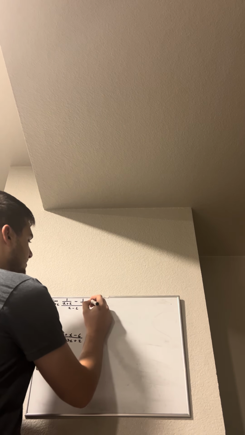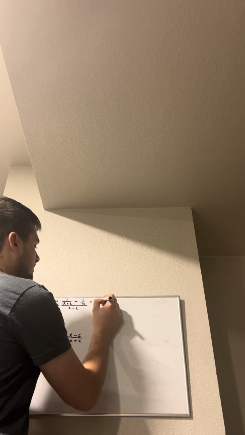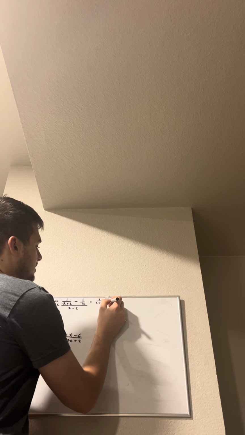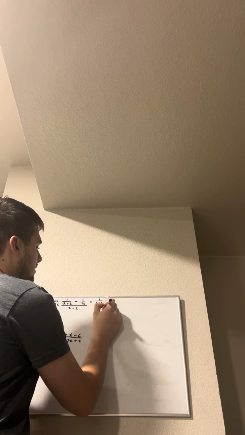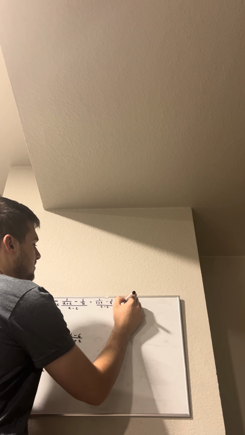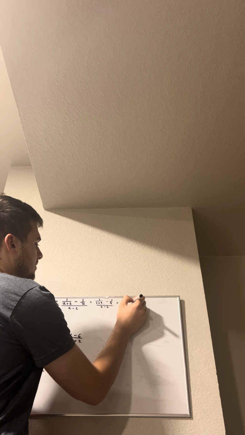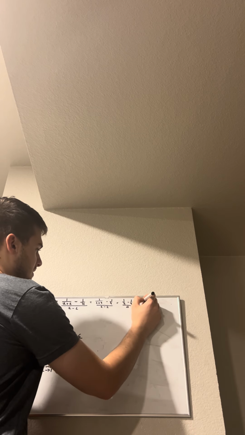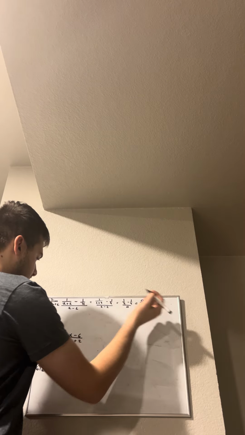So in this case we can do 1 over 2 plus 2 is 1 over 4, minus 1 over 4, over 2 minus 2, which in this case is 0. So we get 0 over 0.